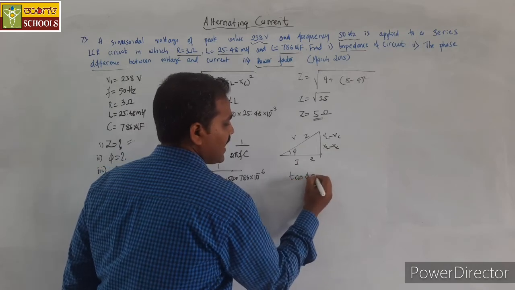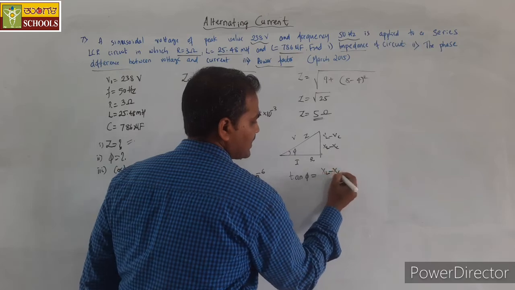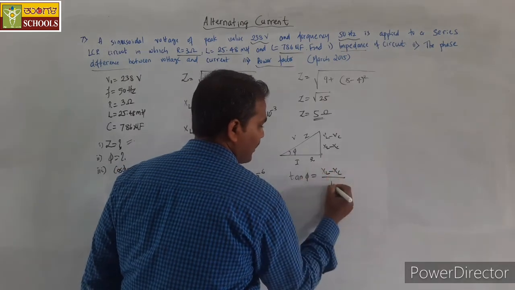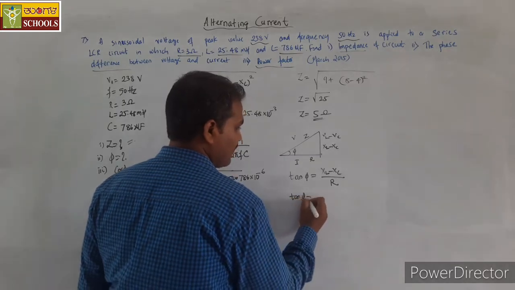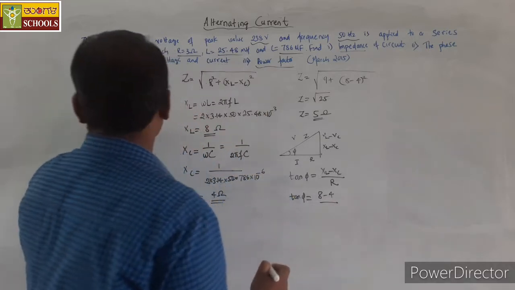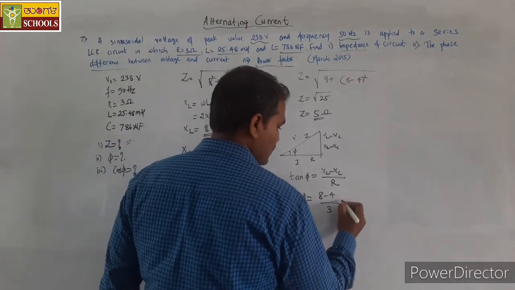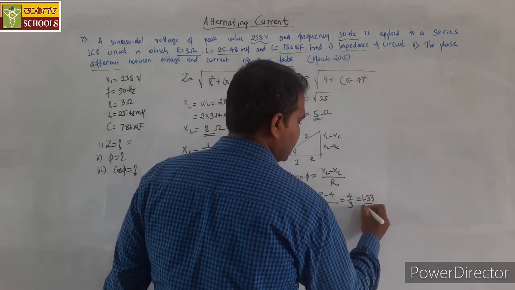Let me use tan phi, which is equal to (XL minus XC) divided by R. Let us substitute the values here. Tan phi is equal to XL is 8, XC is 4 and resistance is 3. So I get 4 by 3, which is equal to 1.33.